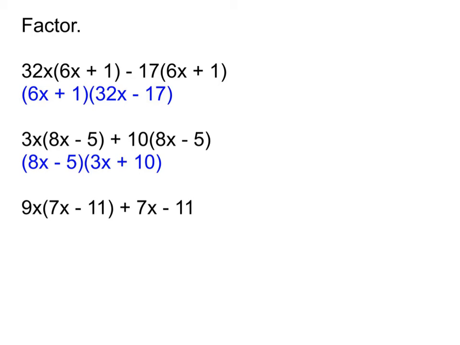And the last one, I see that I have the 7x minus 11 here, but then the last part's a little bit tricky. It's a little bit weird, right? Because I don't want to say, okay, what goes into 7x and into 11? Then I'm looking at every term. But of course, this is 7x minus 11. If I factor out the 7x minus 11, what's left behind?